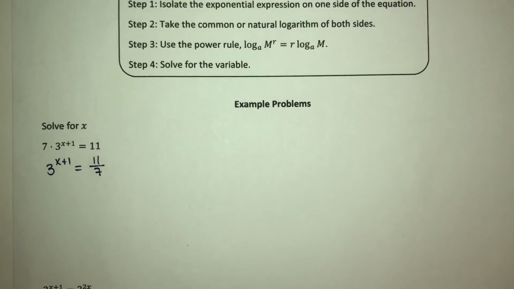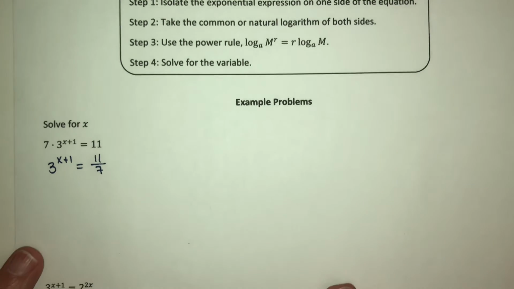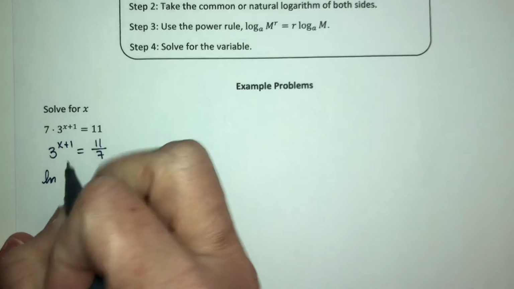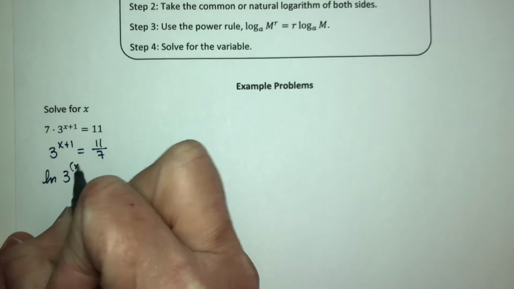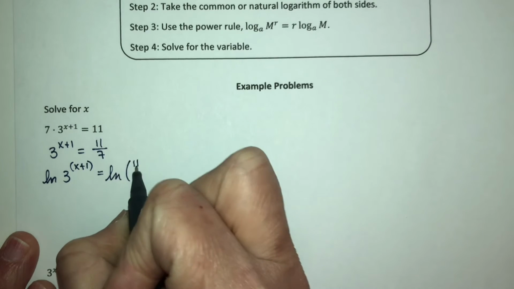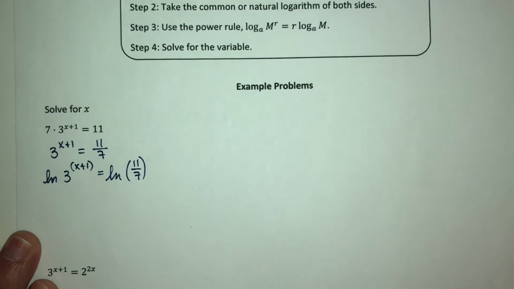Now I want to take a log of both sides, and like I said, they generally want you to use natural log. So if I take natural log of both sides, ln 3 to the x plus 1 is equal to natural log of 11 over 7. Okay.